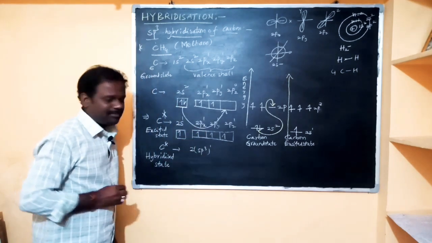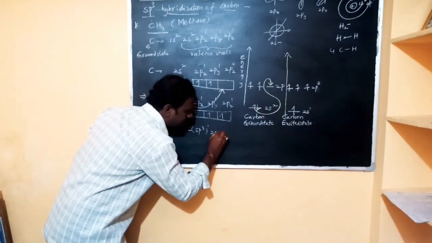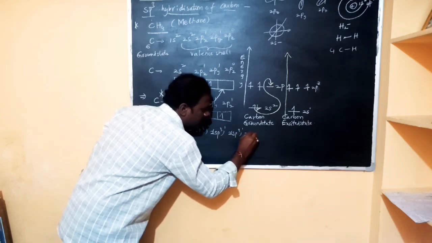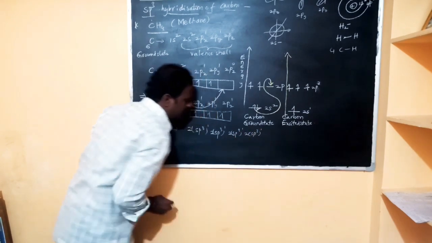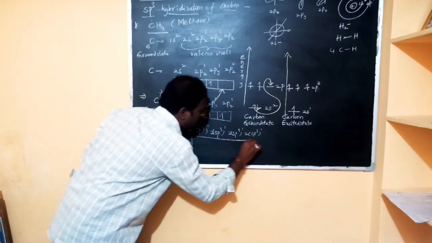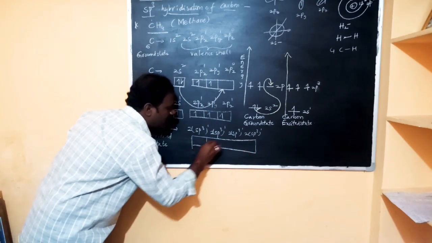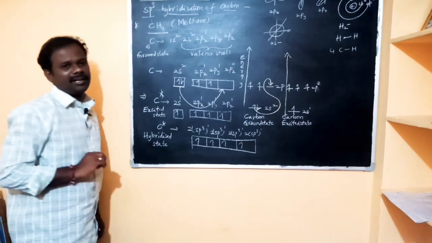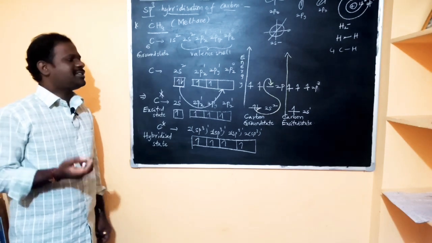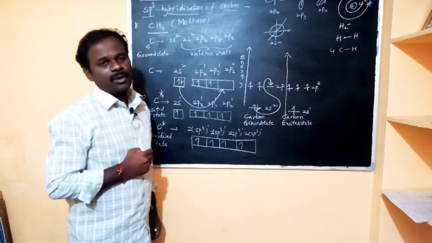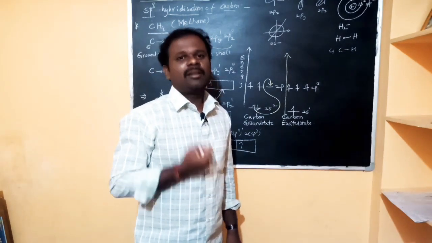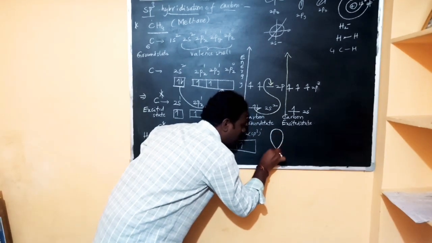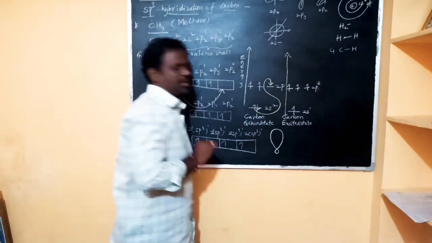So sp3, 1, 2sp3, 1, 2sp3, 1, 2sp3, 1. So there are 4 orbitals which are all equal in energy and equal in shape. What is the shape of the hybridized orbital? It contains a big lobe as well as a small lobe.